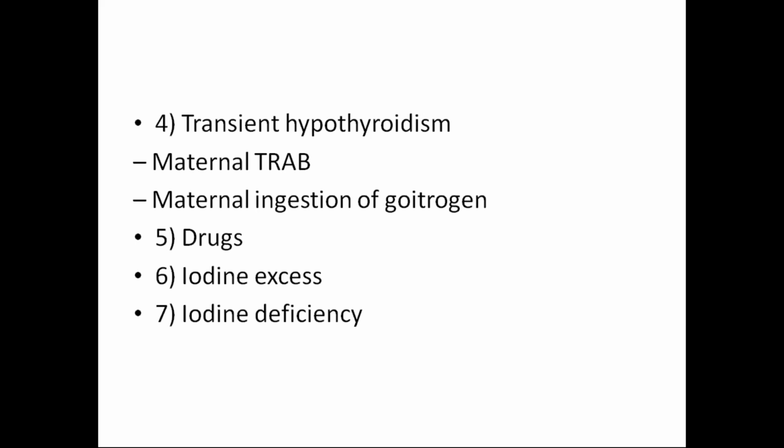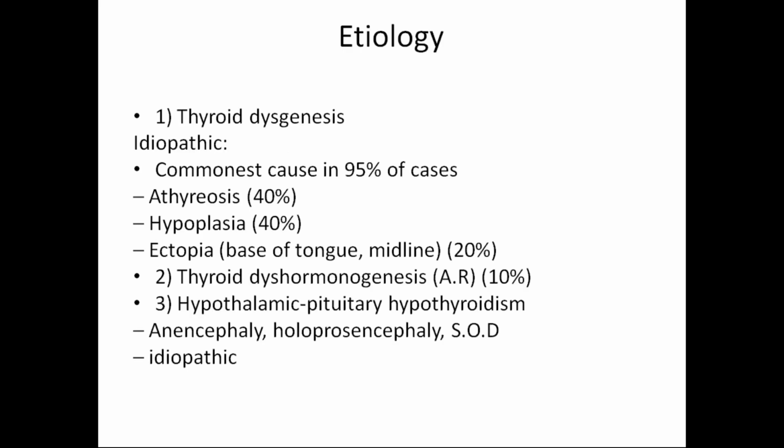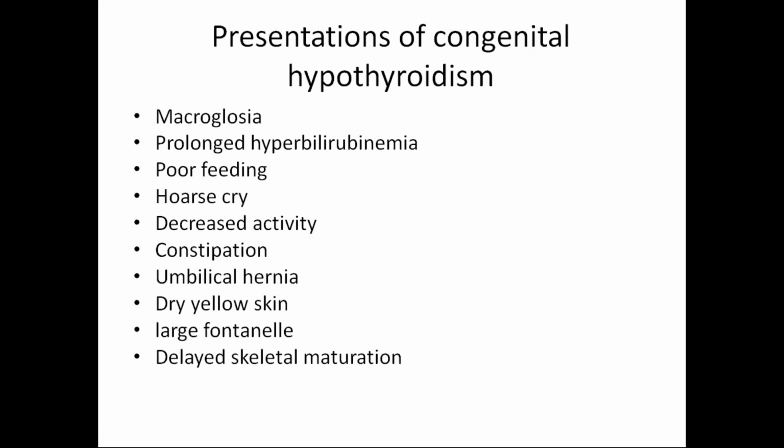That is the concept behind transient hypothyroidism. And yes, drugs taken by the mother and drugs given in an ICU can cause hypothyroidism. Iodine excess or deficiency causes overburdening and less fuel for the thyroid and causes hypothyroidism. All these are the causes that have been enumerated.